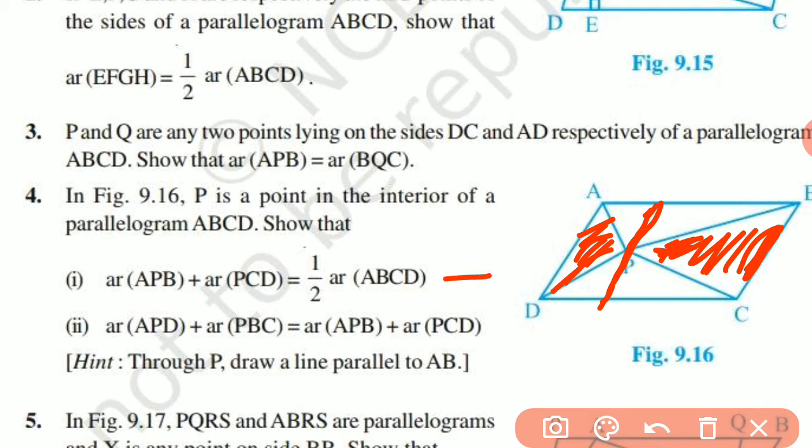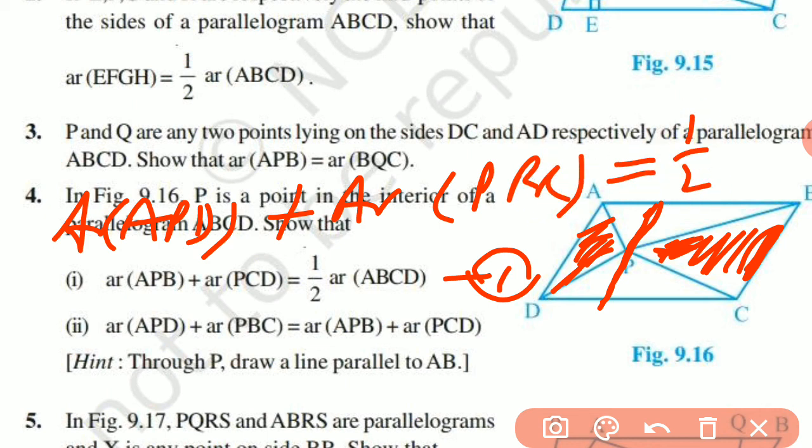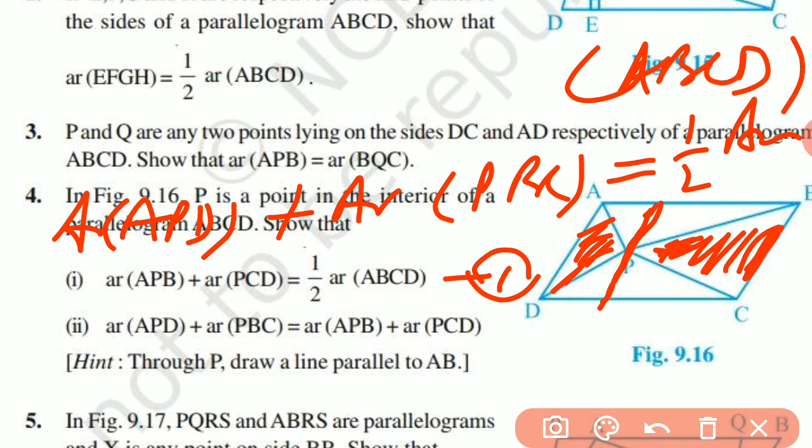This is proof 1, and similarly we can write area of triangle APD plus area of triangle PBC equal to half of area of parallelogram ABCD. So this is equation 2. From 1 and 2, right hand sides are equal, so the left hand sides will be equal, so we will get the second result.